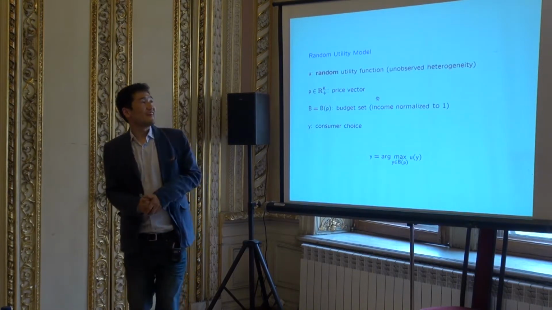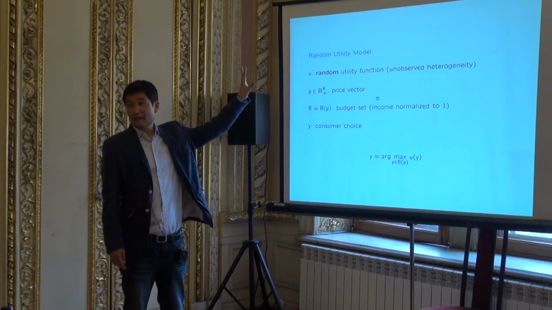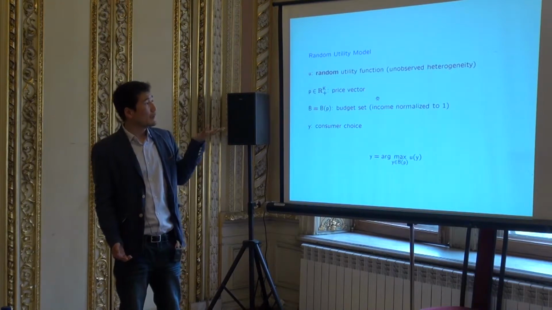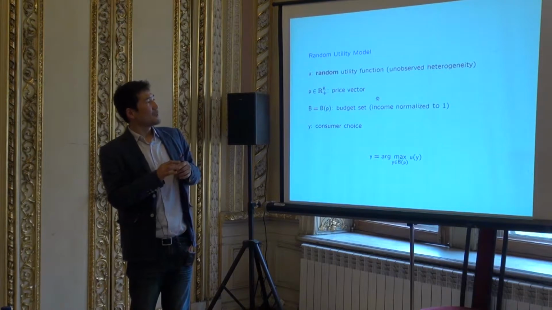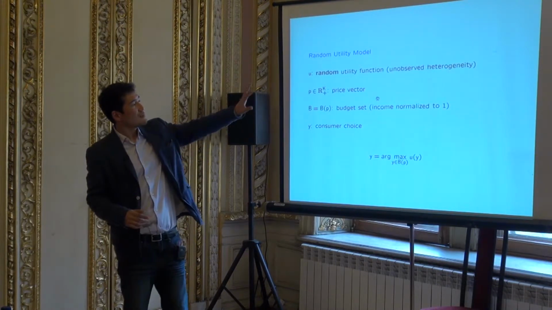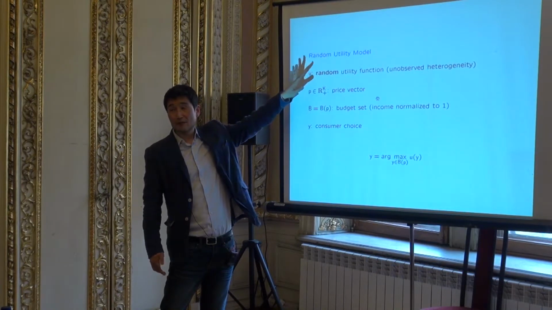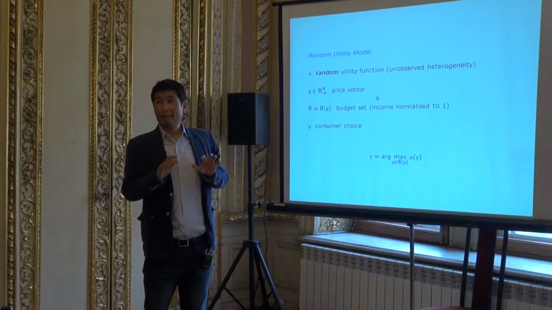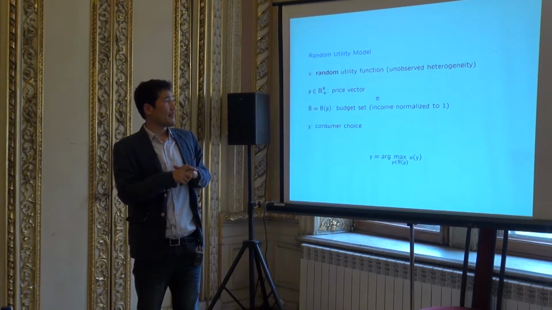Okay. This is something, at least in econometrics, called a random utility model. If you really don't know anything about the random utility model, at first you want to forget about this random part. This is totally standard micro theory.